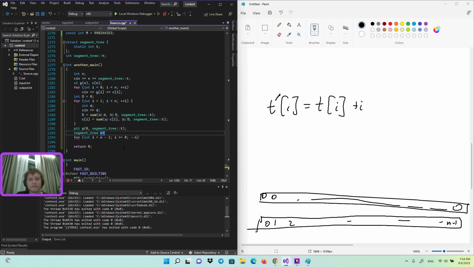Segment 3. And initially it's a sequence from 0, and it is increasing. Okay.